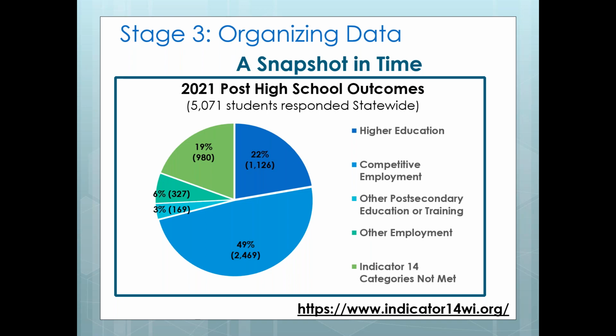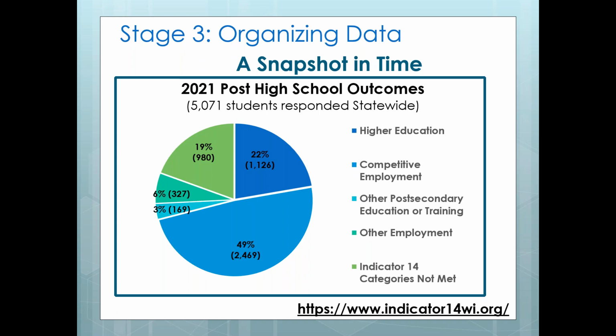And just as a side note, a great source for graduation data is the Wisconsin Post-School Outcomes website. The link is at the bottom of your screen. This is also known as Indicator 14 data, which states are required annually to collect by the U.S. Department of Education Office of Special Education Programs.